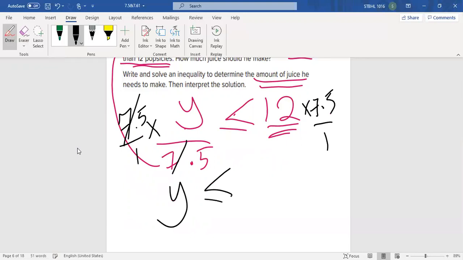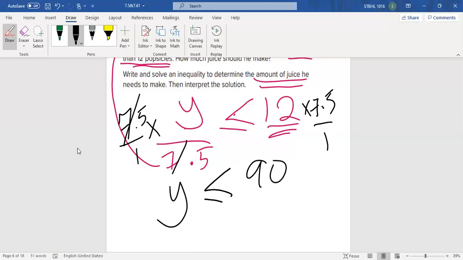Less than or equal what? 12 multiplied by 12 multiplied by 7.5, which is 90. 90 what? Ounces of juice.